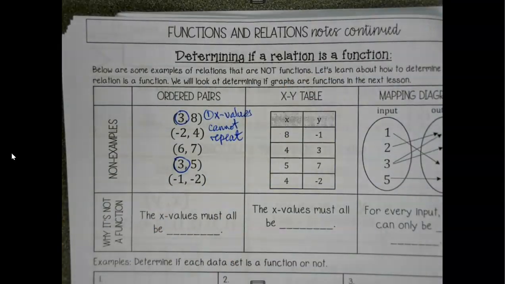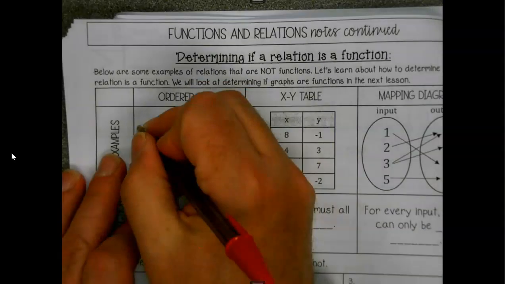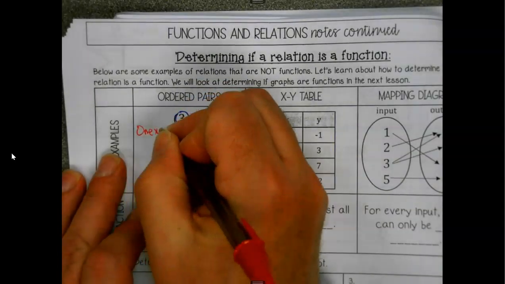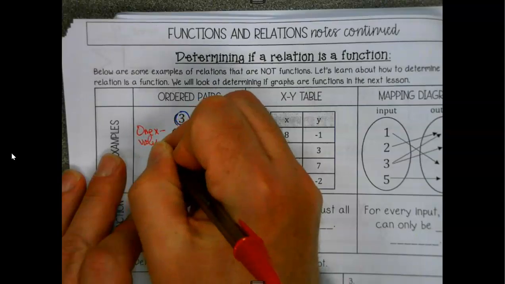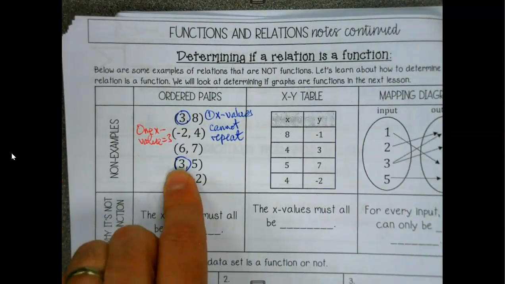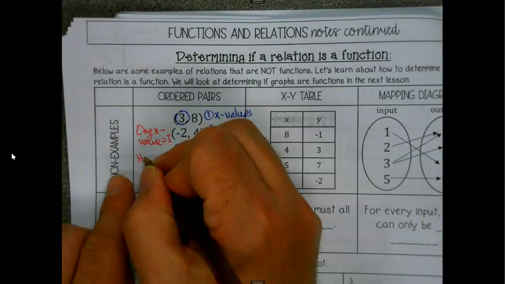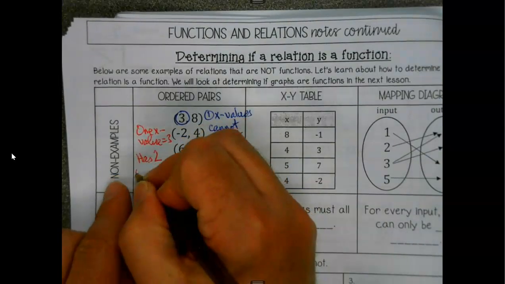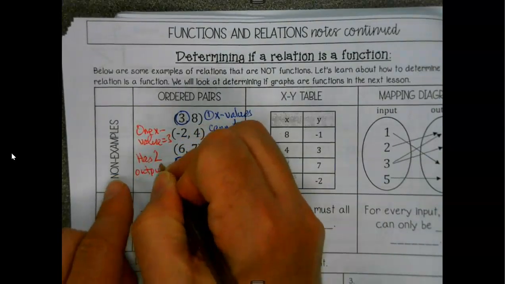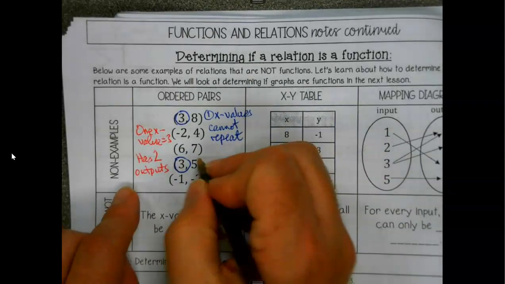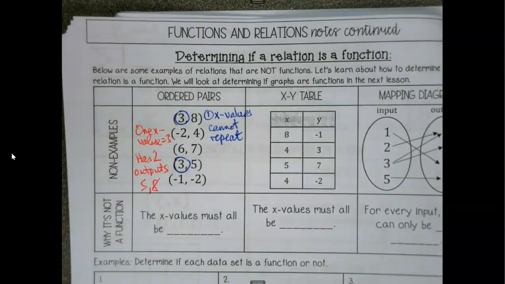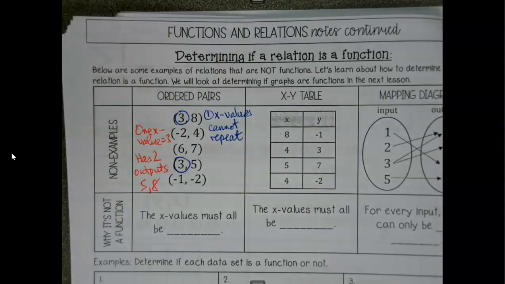But the problem is, okay, one x value, in this case 3, has 2 outputs, 5 and 8. I stick in one number, I get 2 numbers out. That doesn't make sense. It has to be 1 for 1 every time.